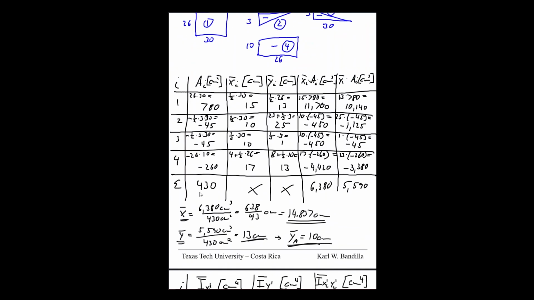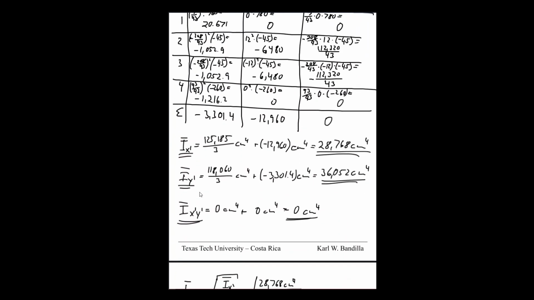That's the wrong one. 430. 430 centimeters squared. If I put that into my calculator, 8.1794 centimeters.